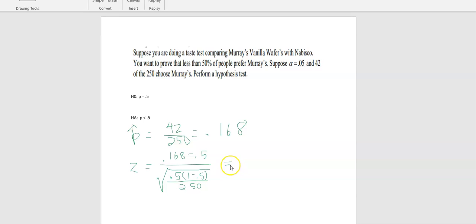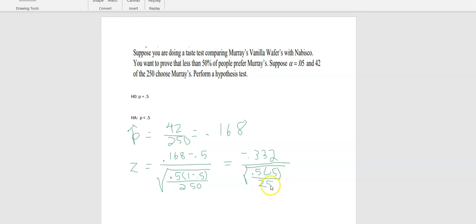All right, so let's work this out. On top, 0.168 minus 0.5 is negative 0.332. On the bottom, I'm going to work this out a little more before putting it in the calculator. I'll have 0.5, and 1 minus 0.5 is 0.5, over 250.